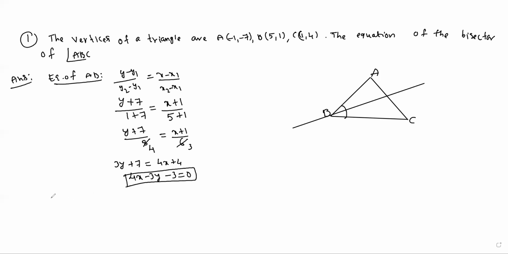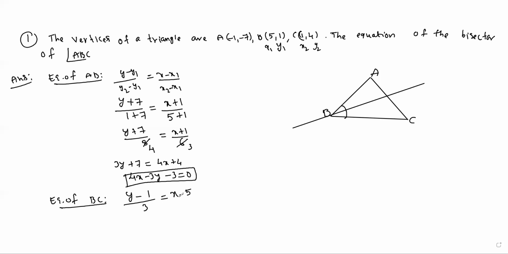Next we'll find the equation of BC. BC is also the same, the two-point form. Now these values become x1, y1, x2, y2. y1 is 1; y2 minus y1 is 4 minus 1, that is 3.